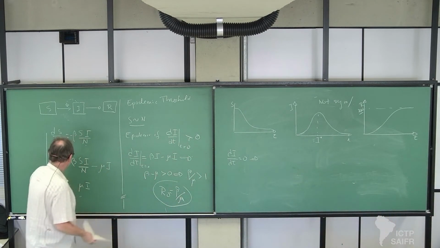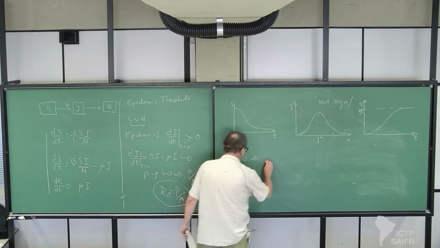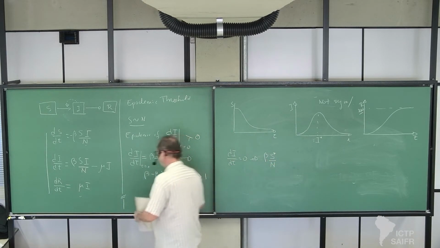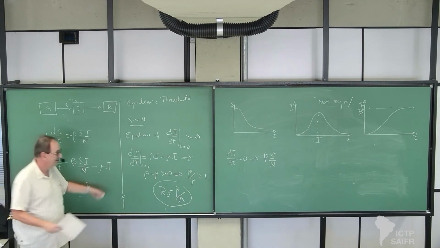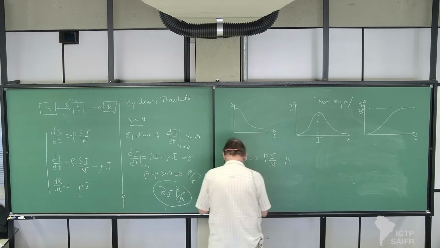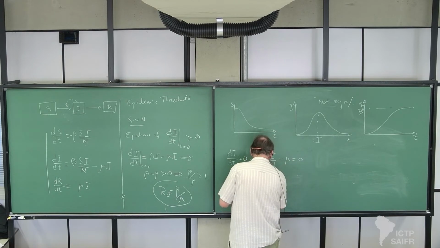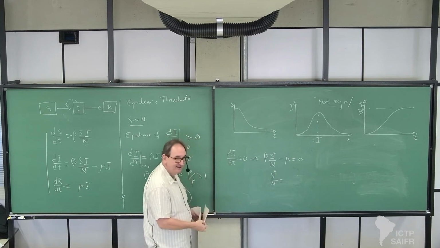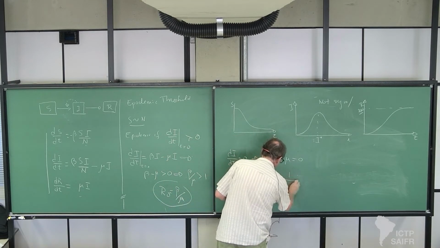This means that this has to be equal to 0, so beta times S at the peak divided by N, and I can factor out I, minus mu is equal to 0. Therefore, the peak happens when S over N is equal to mu over beta, which is 1 over R0.